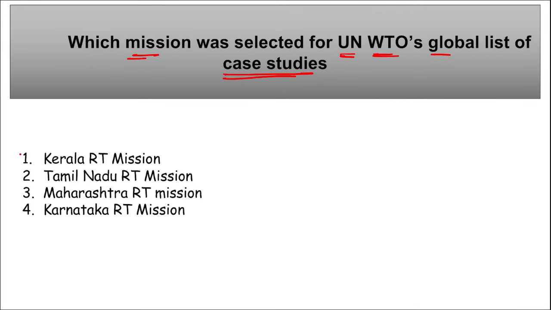Which mission was selected by UNWTO's global list of case studies? Tell me. It is your Kerala RT mission, or we can say Responsible Tourism Mission of Kerala, where RT stands for Responsible Tourism. So the Responsible Tourism Mission of Kerala was selected for the global list of case studies of UNWTO. Correct? Mark this first of all. And why was this?